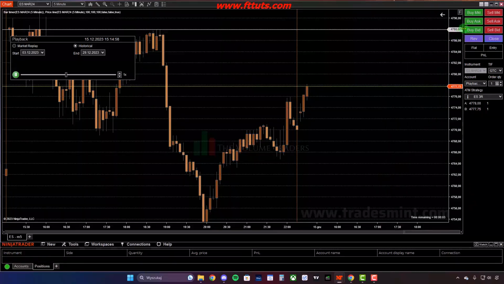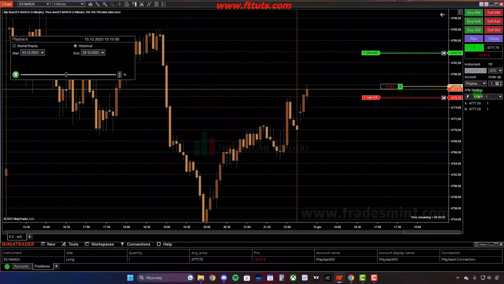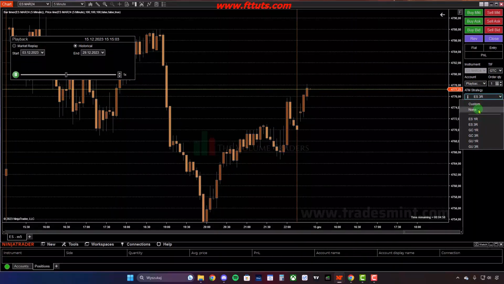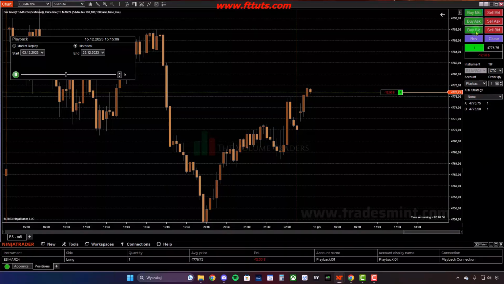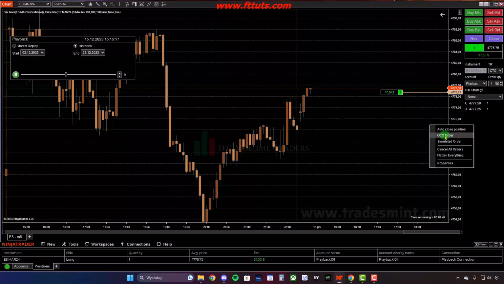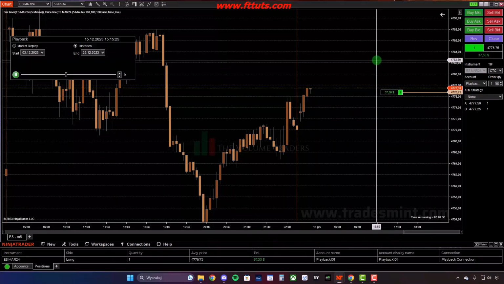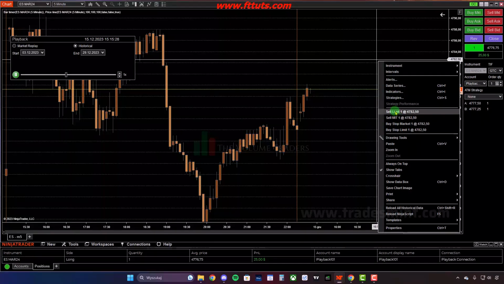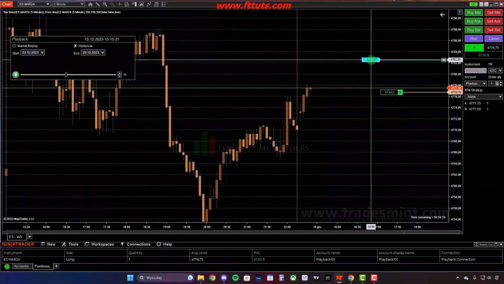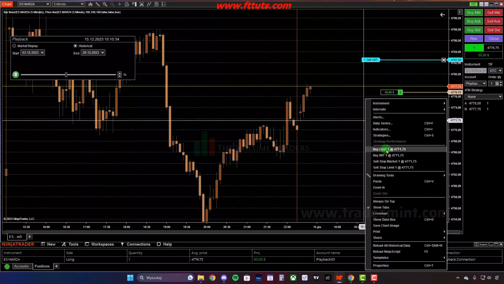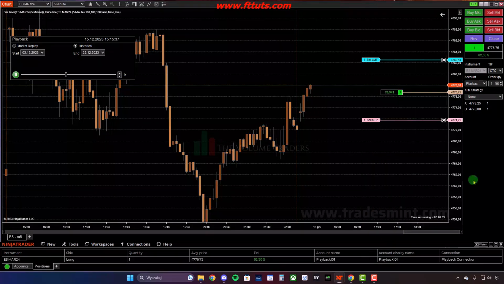Another opportunity: if you don't have any strategy and you place the order and it's filled, you can right click and use the OCO order. It means one cancels the other. If you are buying, you can set the sell limit order as TP, and here a sell stop as the stop loss.